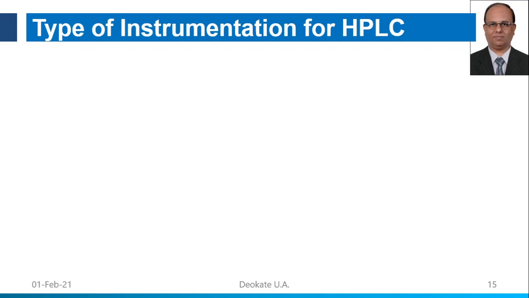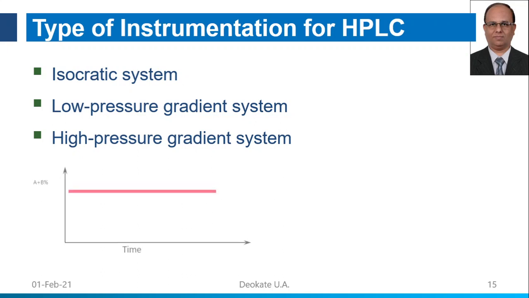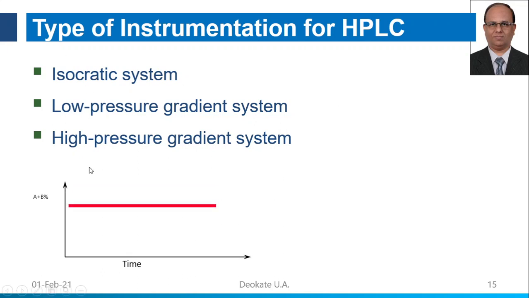Types of instruments for HPLC. Either we are doing isocratic systems, which means a single mobile phase composition throughout the determination, or low pressure gradient systems or high pressure gradient systems. Isocratic systems mean that during the whole time of elution we are using a single composition.